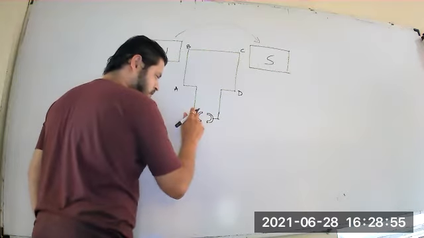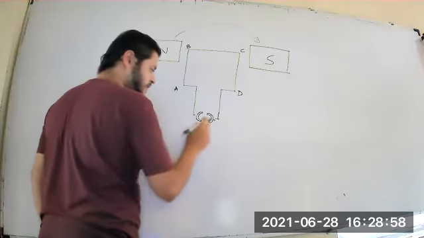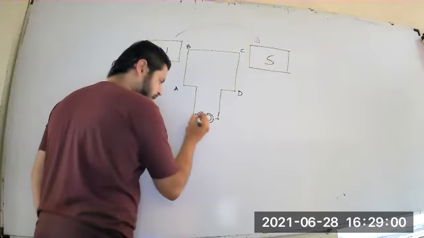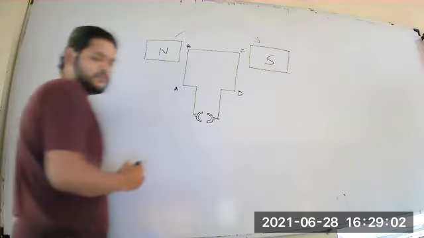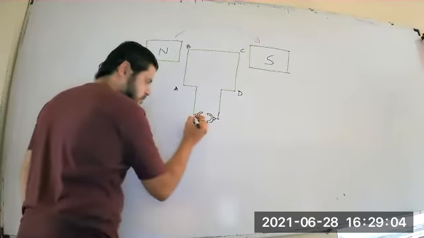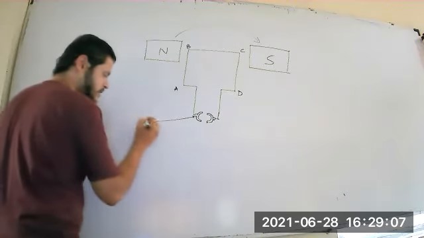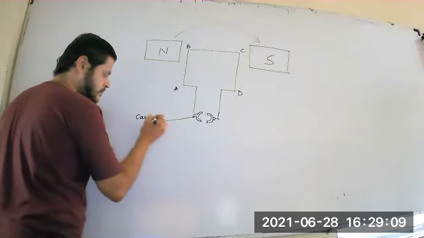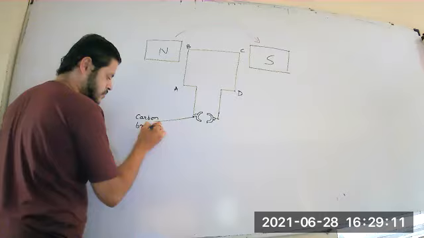And between the split rings and the coil there are two carbon brushes. Okay, so these are the two carbon brushes.